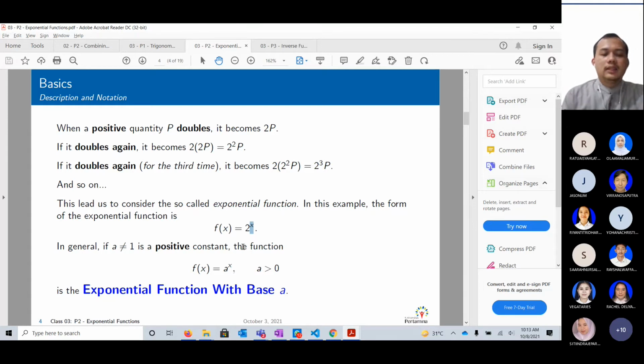So in general, if a is not equal to 1 and a is a positive constant, then this kind of function, f of x equals a power x, is called the exponential function with base a. I believe that you already know this from your high school.